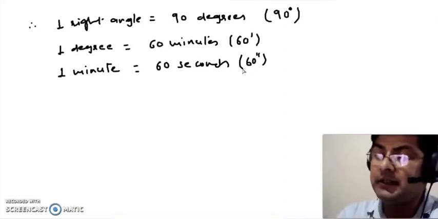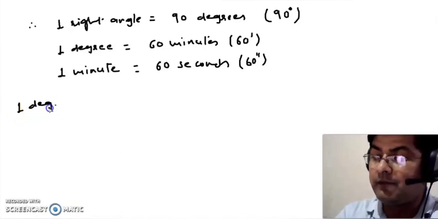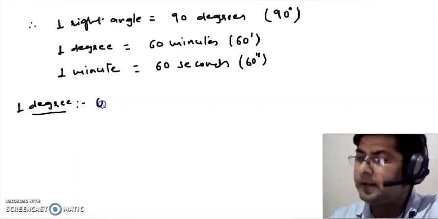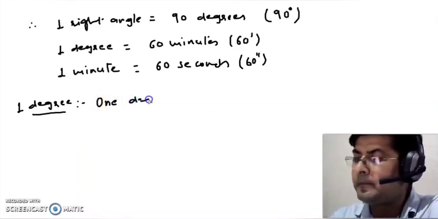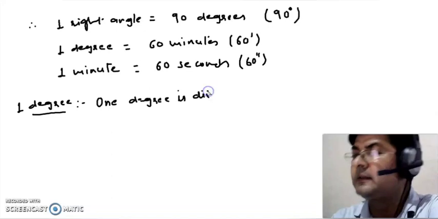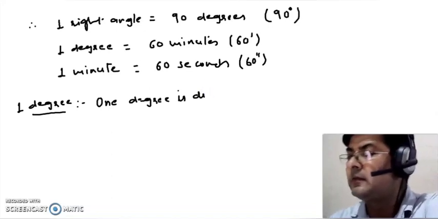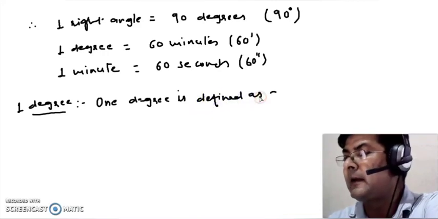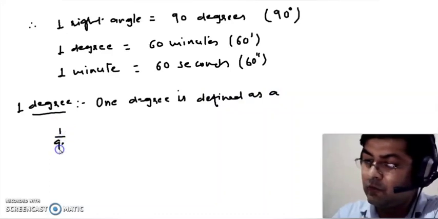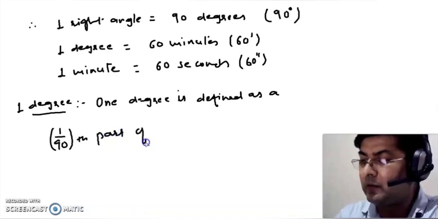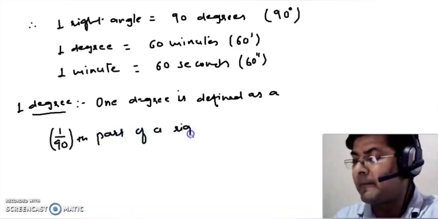Okay, so 1 degree is defined as a 1/90th part of a right angle.